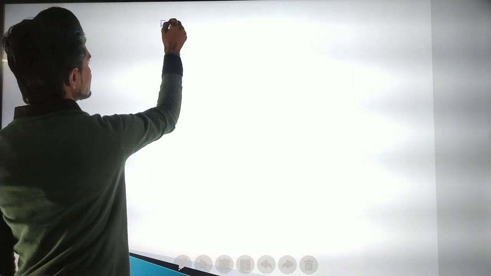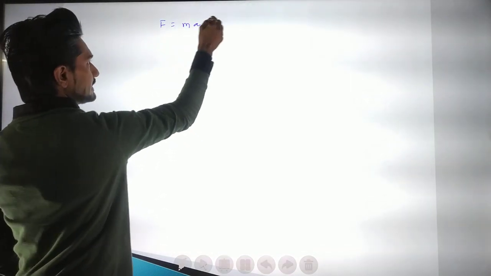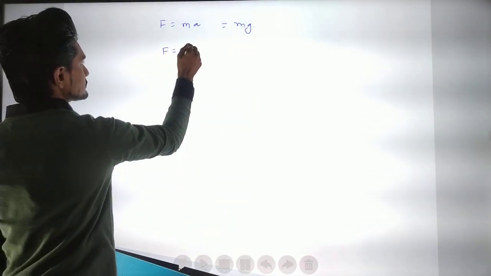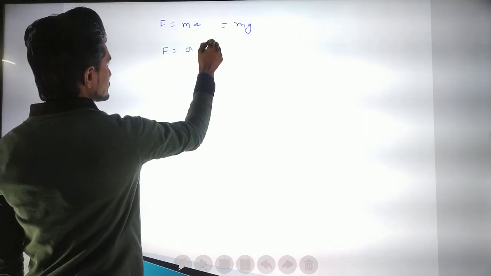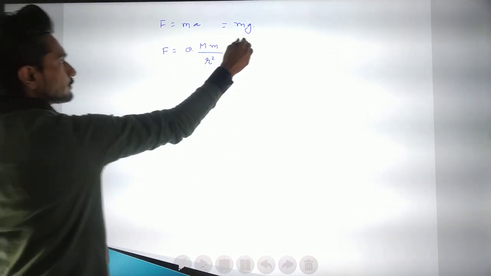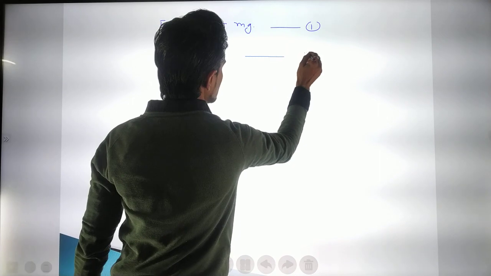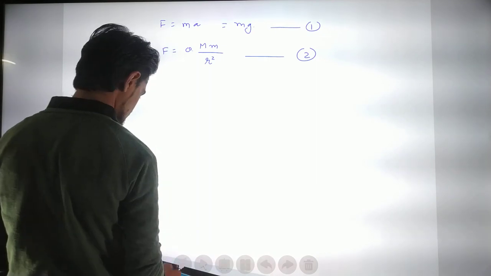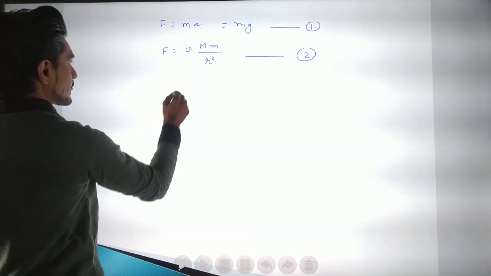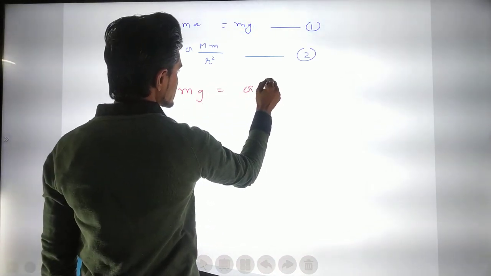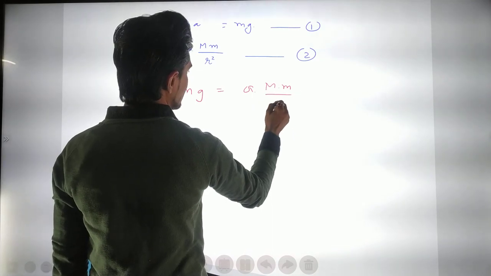Now we have already seen F is equal to m a. We have replaced a with g. And then we have seen F is equal to G into capital M small m upon r square. We are going to compare these two laws. So m g is equal to capital G, capital M, small m, upon r square.